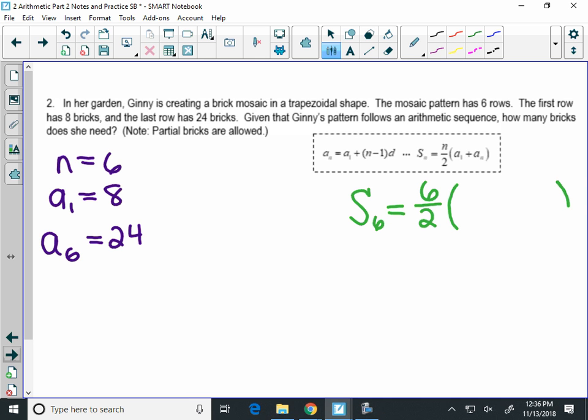And then you put in your first term and your last term. So we start with 8 bricks. The last row has 24. We'll have 3 times 32. Not 56. Or 96. I don't know either, Shane. 96 bricks.